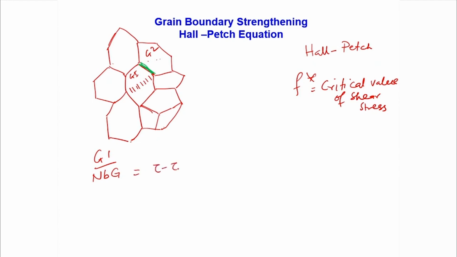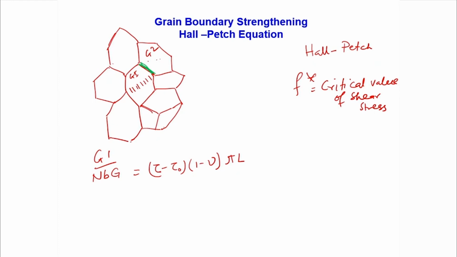the shear stress which is required, tau minus tau 0, into 1 minus nu, where nu is the Poisson ratio, multiplied by pi L, where L is the length of the pile-up. What is the pi L thing? You know, in a circle, if L is the radius, then pi L gives you half of the circumference, correct.